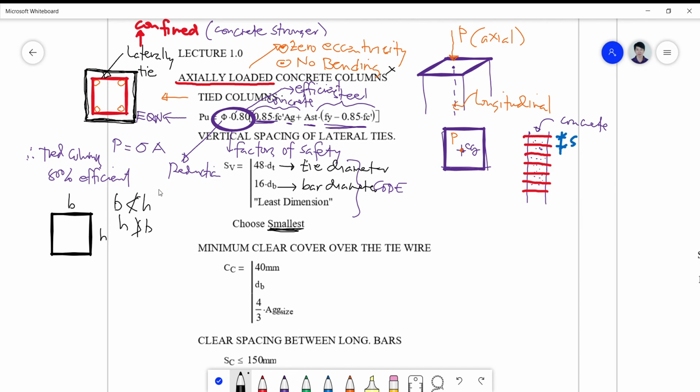So the clear cover that I'm referring to here is simply this distance, okay? So from the outer surface of your stirrup up to the concrete surface, you call this now the clear cover or the CC. And CC is simply a comparison again of three expressions, which is 40 millimeter, bar diameter, and 4/3 the aggregate size.